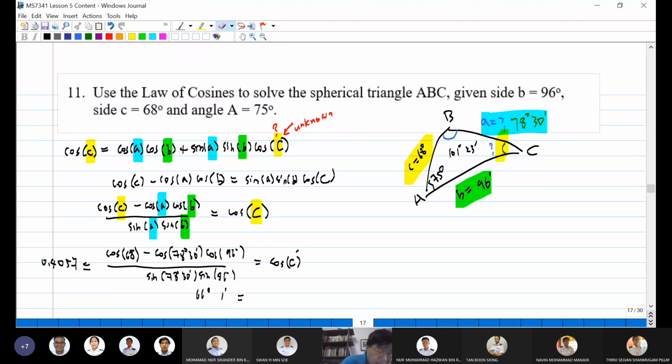So this is your angle C now. This is how you get angle C, so you have completely solved the problem already.